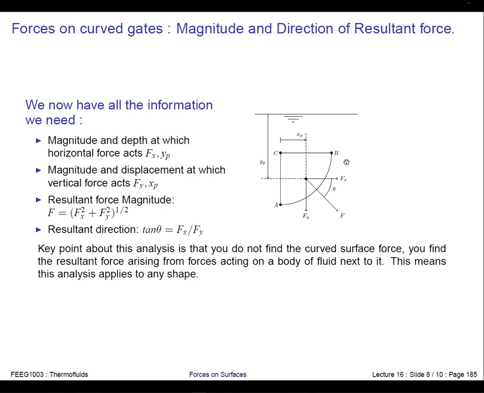So if we wanted to create a force to hold this curved surface in place, we would have a force of magnitude F, in this particular direction, and we would point it at this particular point here, and that would balance all of these other forces that are acting in this sub-volume.